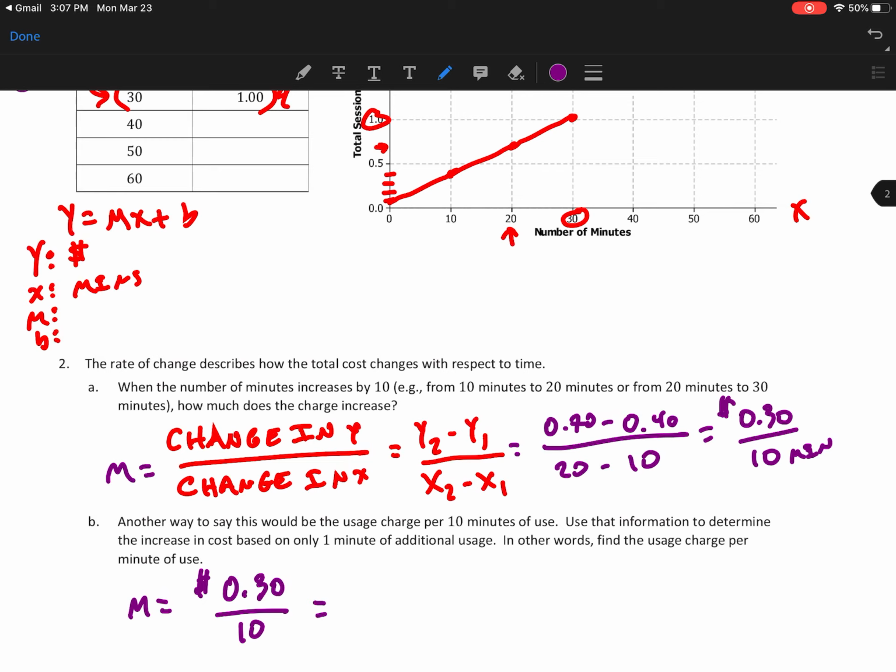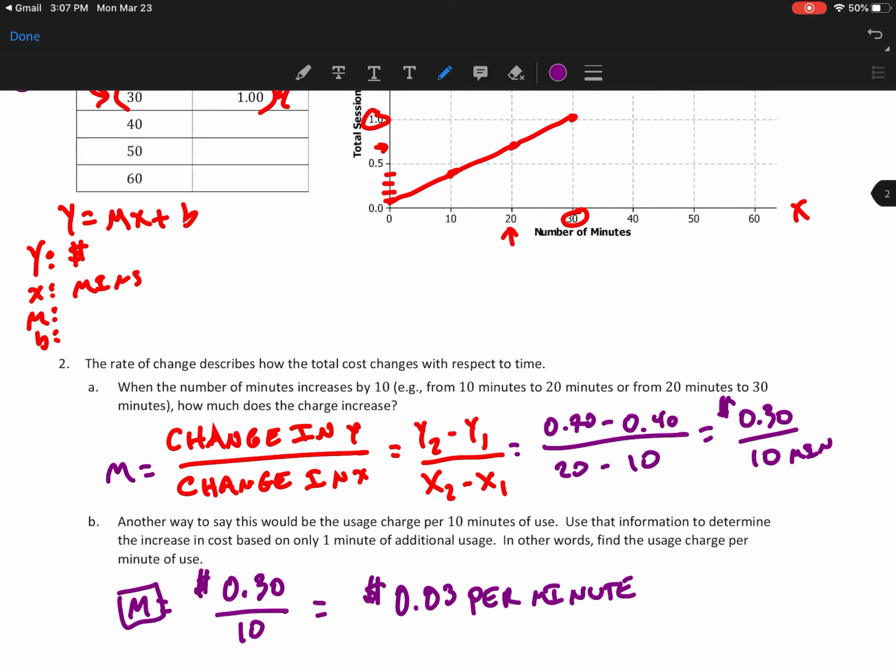And that's not a unit rate, that's per 10. So to find per 1, we just need to solve that division problem, and we will get cents per minute. And we have identified m.